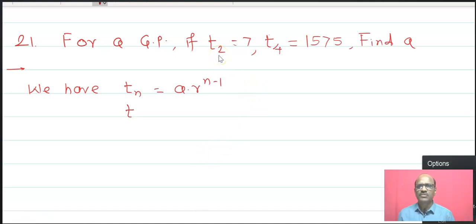That is T2 and T4. Now what is the formula for Tn? Tn is equal to A into R raised to n minus 1.